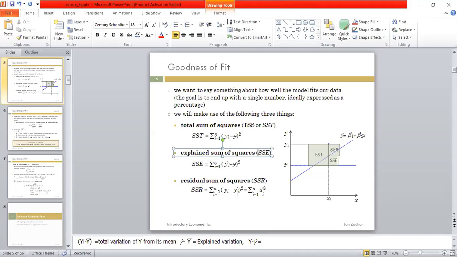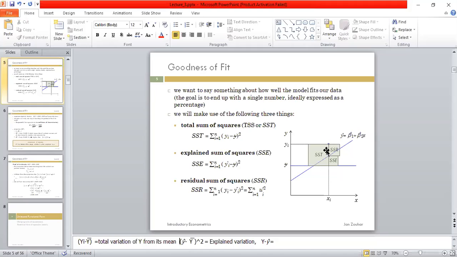Y hat minus y bar, whole square, summation. You square all these deviations and add them. There are 30 explained variations; you square all of them and add them, and you get the explained sum of squares.